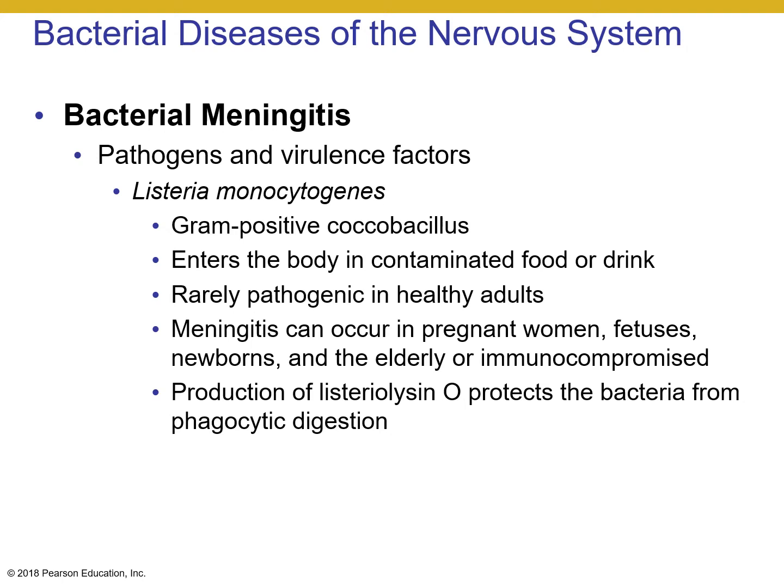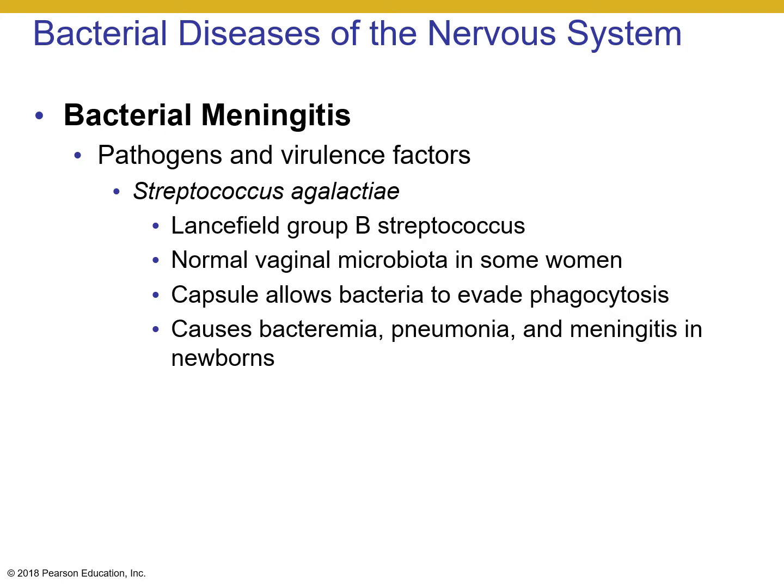This is a problem. The production of a protein called listeriolysin O, and notice the ending lysin, which means it's going to cause cell lysis. And so this protects it from being phagocytized.